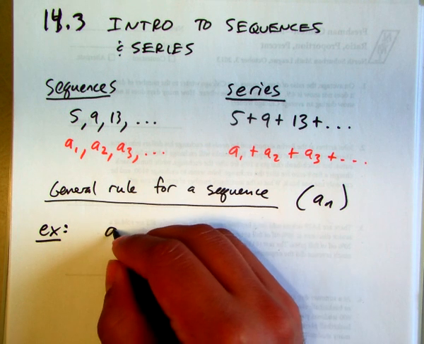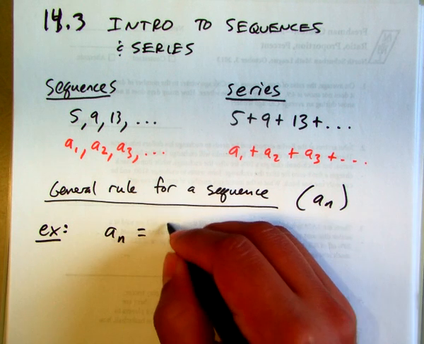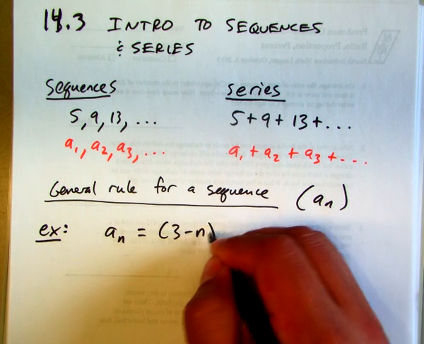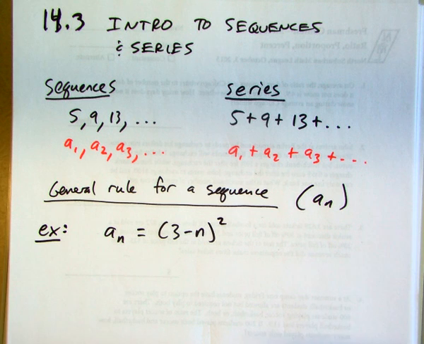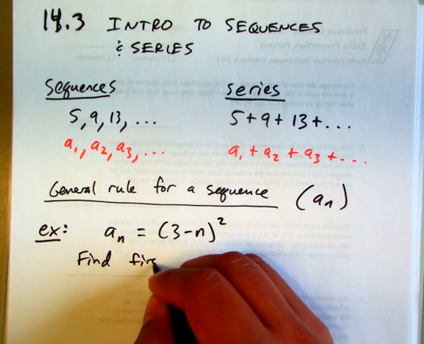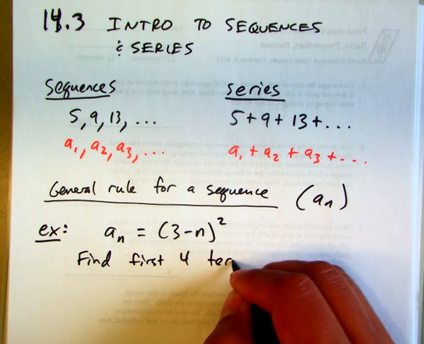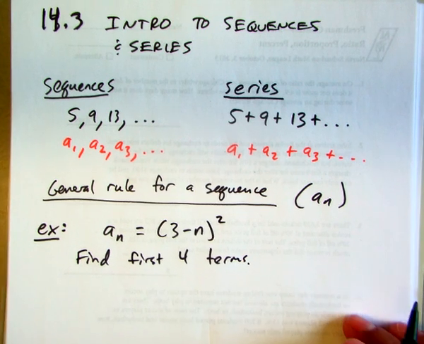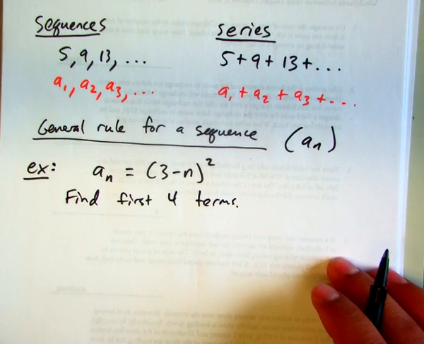Let's say the nth term of a sequence is simply the quantity of 3 minus n, squared. And I want you to find the first 4 terms. It's actually as easy as it looks.